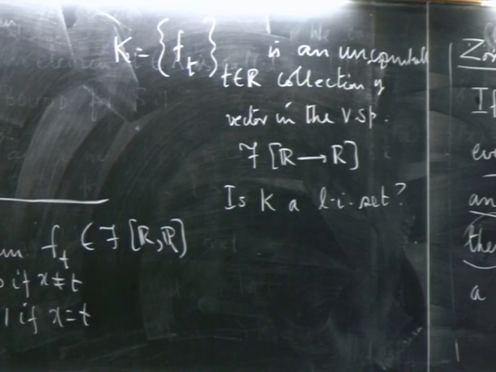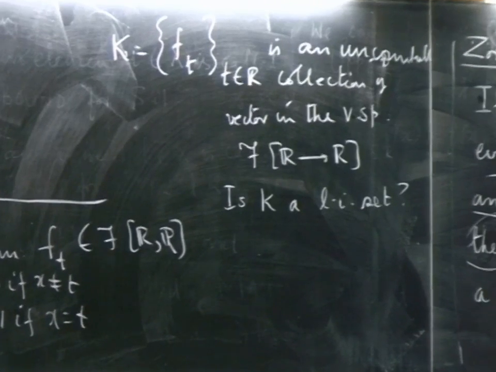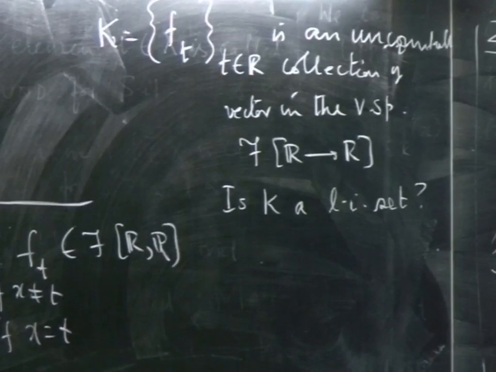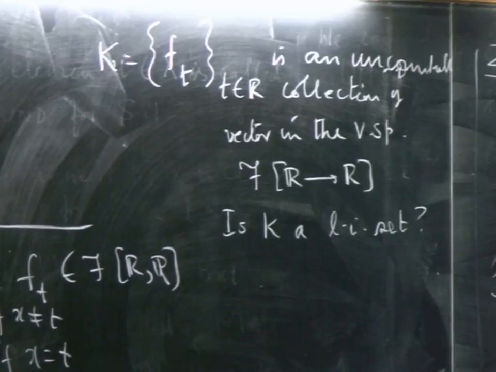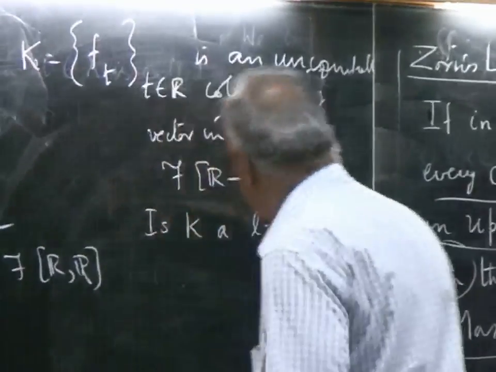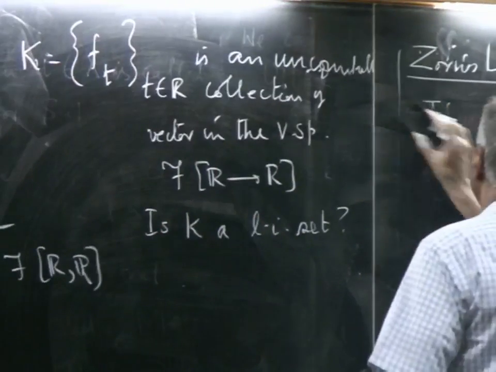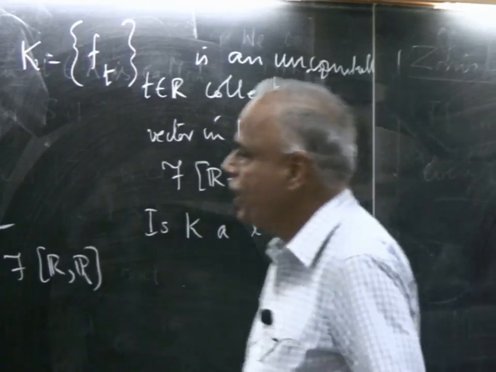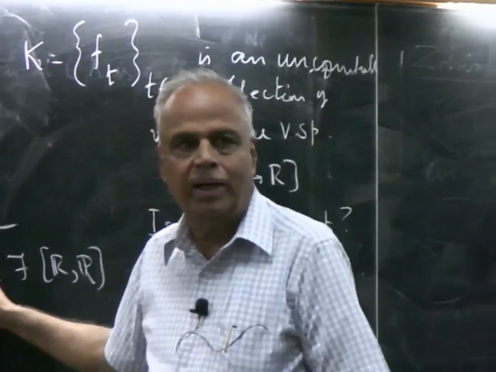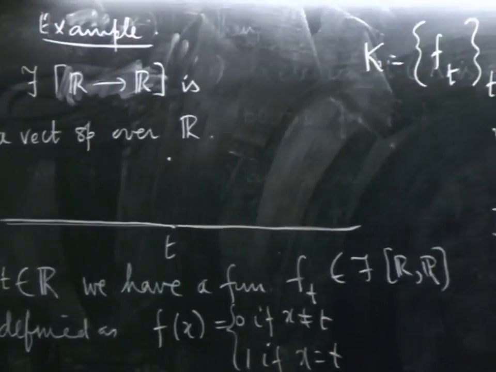So what should we do? We check every finite subset and see whether it is linearly independent. What is meant by a finite subset? We are going to pick a finite number of time points and look at the functions corresponding to those.